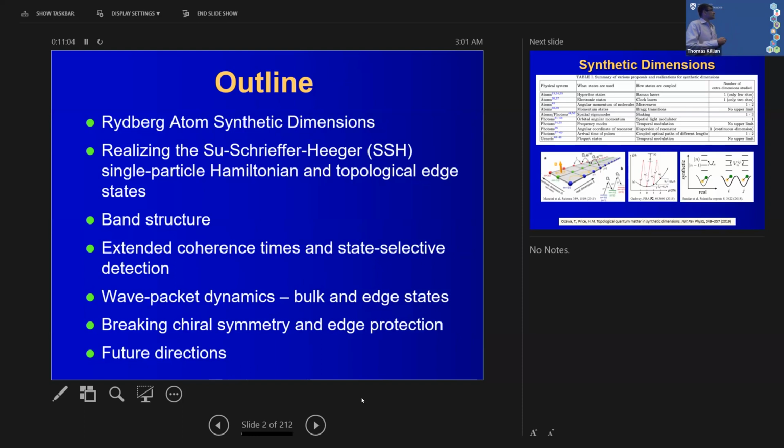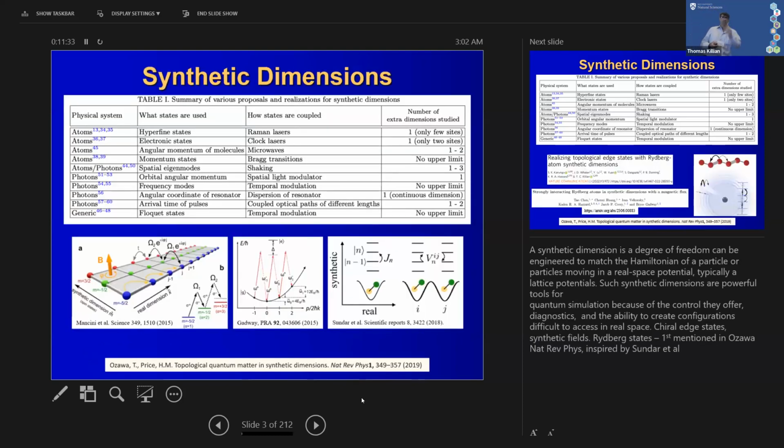And I'll talk about how we've measured the band structure of this Hamiltonian, and then some more recent results where we've extended coherence times and improved our state selective detection in the synthetic dimensions, and that's allowed us to study wave packet dynamics and to see the difference between bulk and edge states in the time domain, and then to study how, as we break a certain symmetry, we watch the edge protection get destroyed in this single particle Hamiltonian. And I'll say a few words about future directions as well.